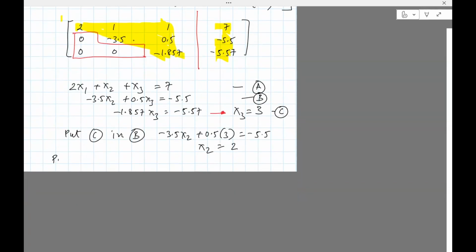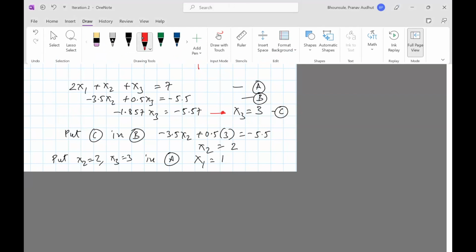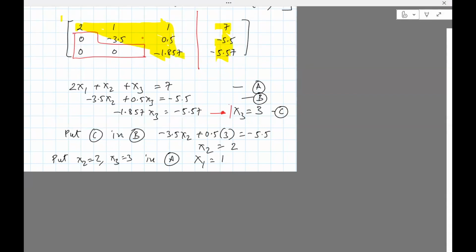And then put x2 equals 2, x3 equals 3 in A, and you can solve for x1. It comes out to be 1 actually. So these are my answers. x3 is 3, x2 is 2, x1 is 1.